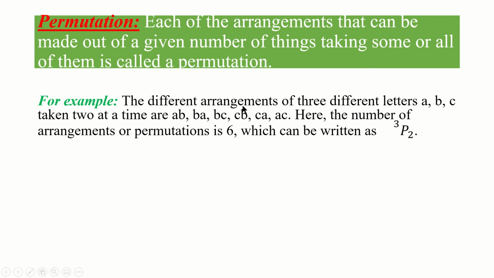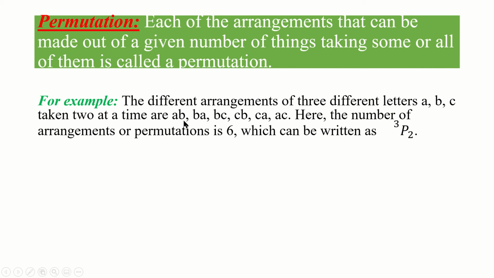For example, the different arrangements of three different letters A, B, C, taken two at a time. Taken two means not all, that means taken some. Some means not all. Okay.